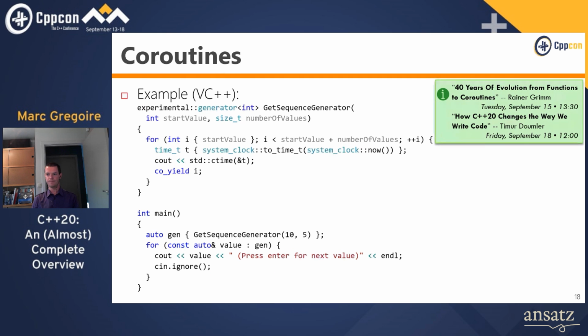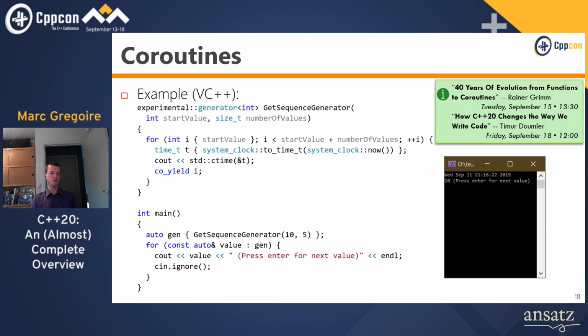So the first time when main asks for the first value from my generator, my coroutine starts executing the first loop until it reaches the co_yield. Then the current i will be given back to main, which outputs it to standard output, waits for the user to press any key, and then main asks for a second value generated by the generator, in which case the coroutine will resume executing right after the co_yield statement, and then it just starts the next iteration, and so on.